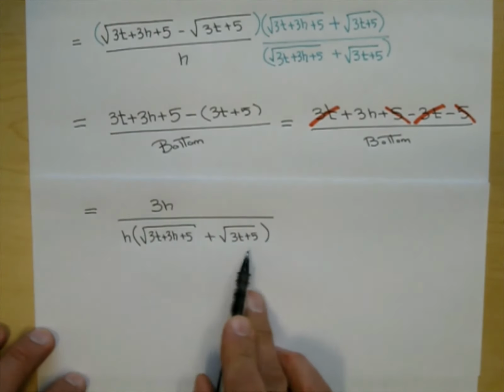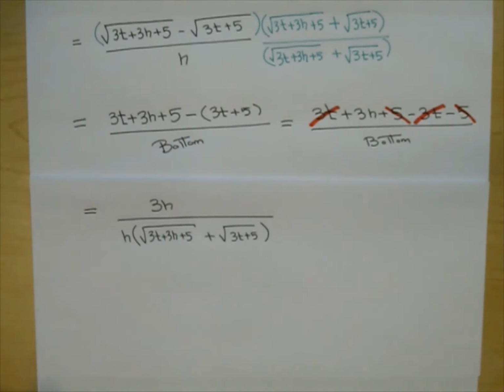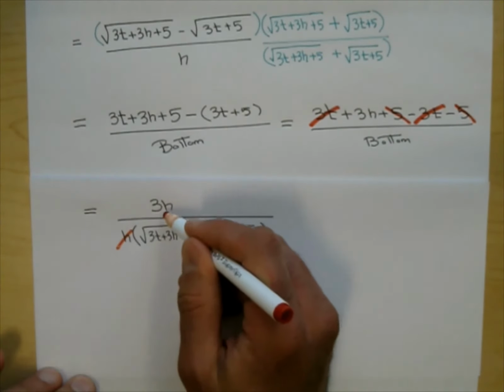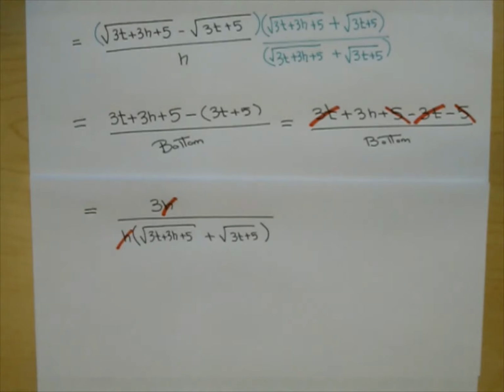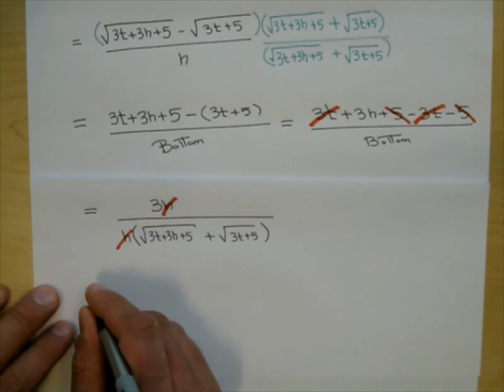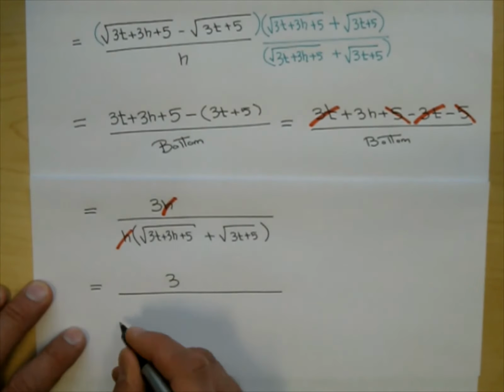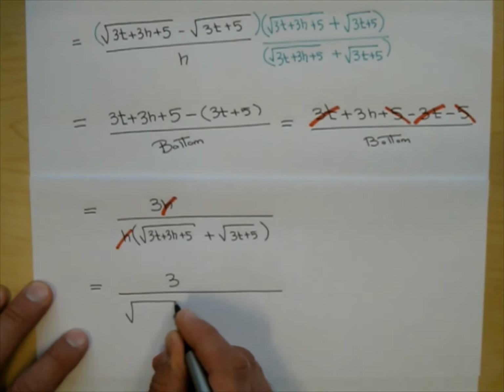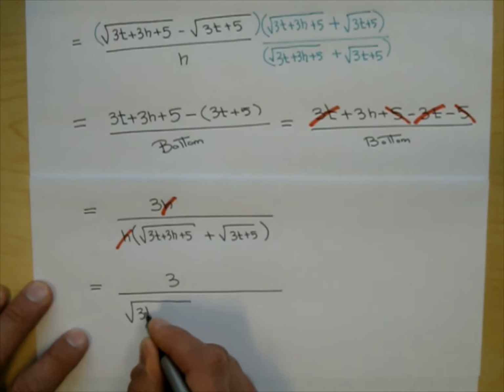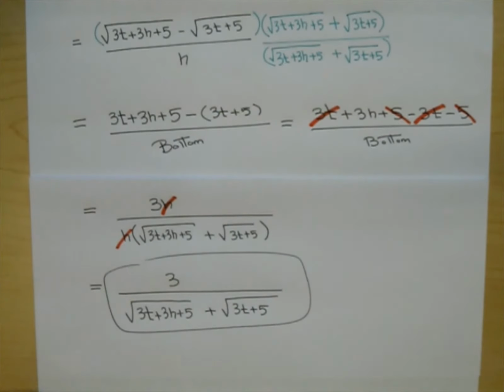So there's one term on the bottom and one term on the top. The h's cancel. And so our difference quotient has a 3 on the top and this stuff on the bottom. I'm not going to say it, I'm just going to write it. So there's the difference quotient.